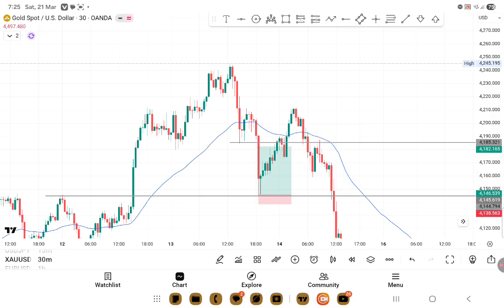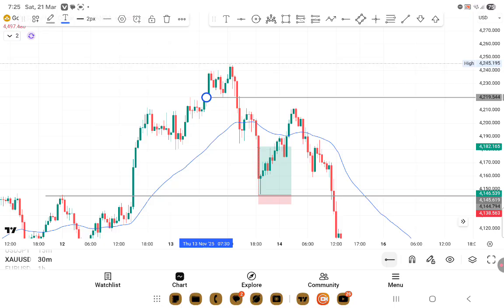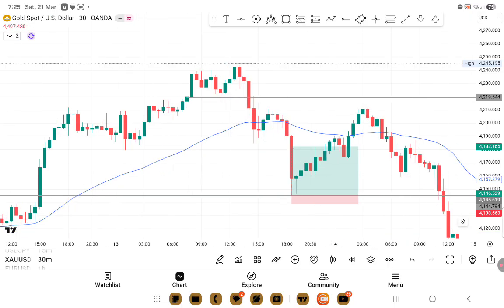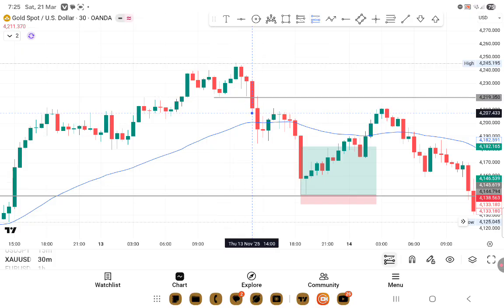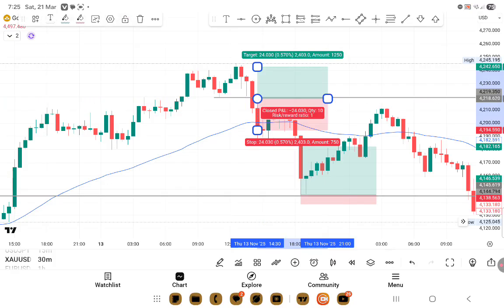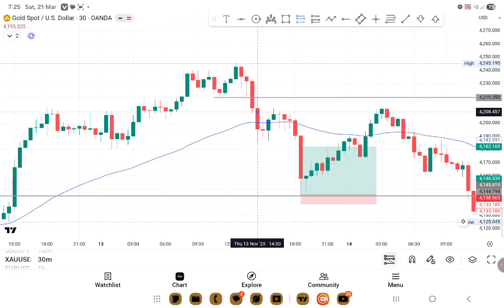Even here also. Here you would have made good profit. Why? This is the wick, and this is the body, and the market came back, respected it, and sold. Let's see what we would have made.